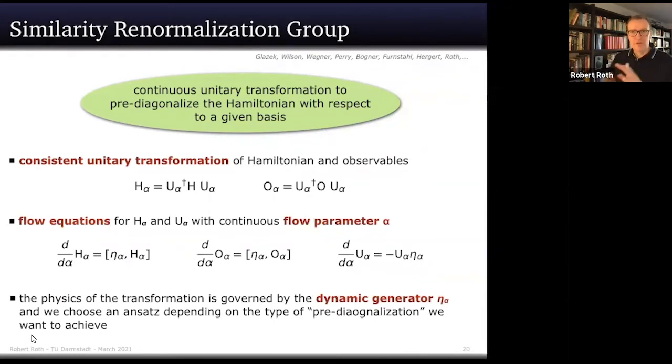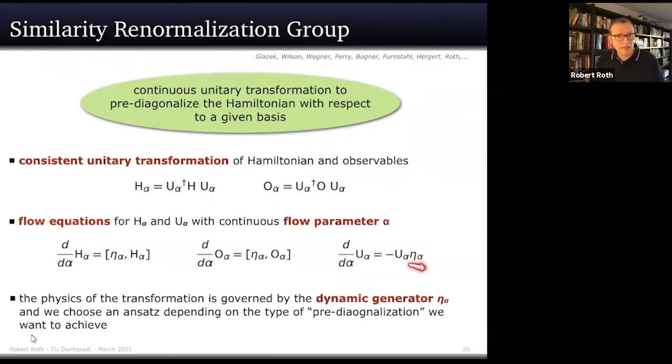So it's just a different perspective, if you like. And it turns out that this perspective of designing or choosing an ansatz for the eta is much simpler than choosing an ansatz for the u, because the operator for this u that will result from this is terribly complicated, because this generator itself changes with alpha.